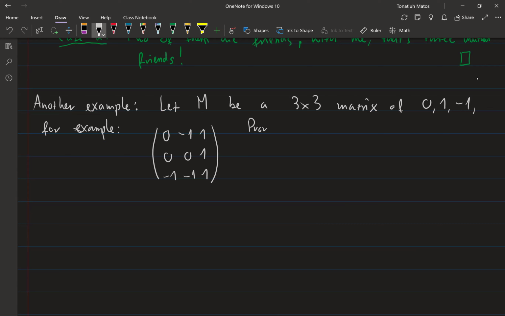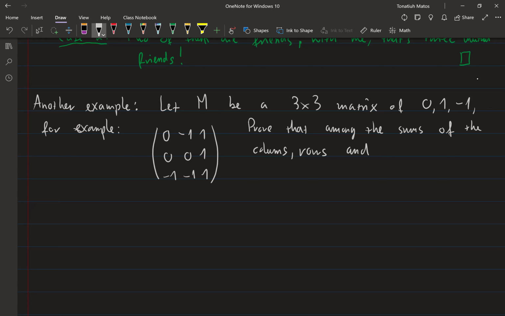So prove that among the sums of the columns, we add each column and we get a number. We add each row and we get a number.